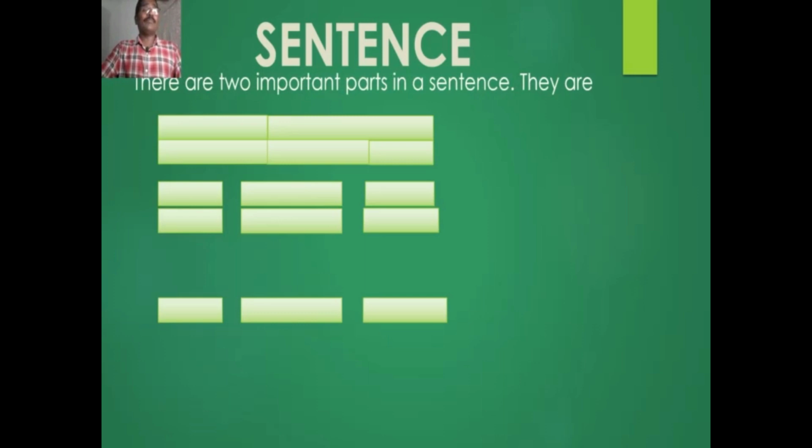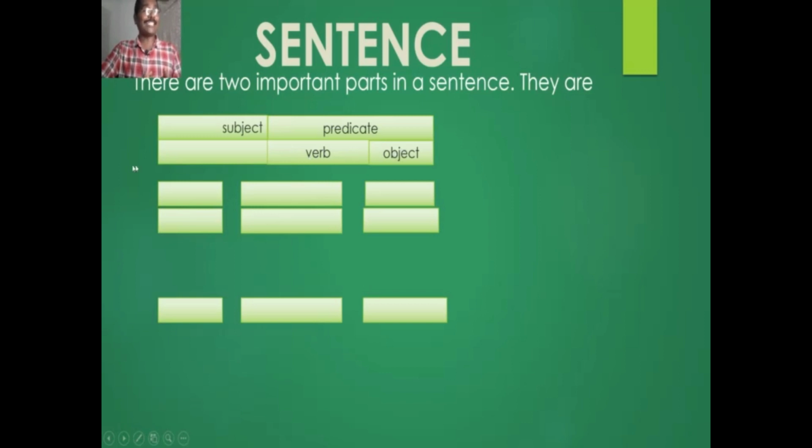They are subject and predicate. Now the predicate is again divided into two parts. They are verb and object. Now altogether how many parts are there in a sentence? Subject, verb, object.